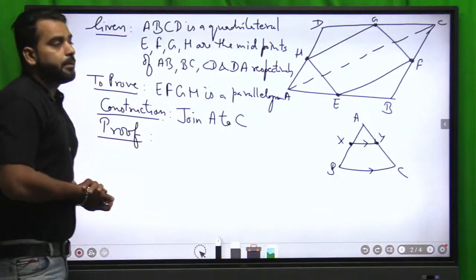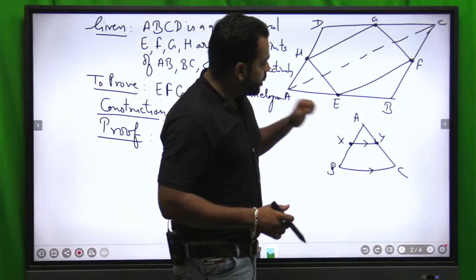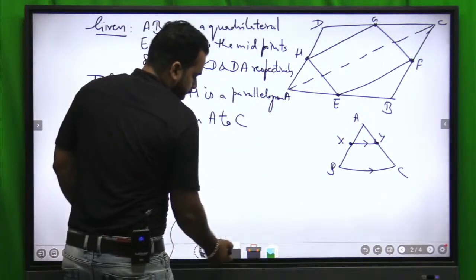This is called the midpoint theorem. We studied it before, so here also we can apply it.